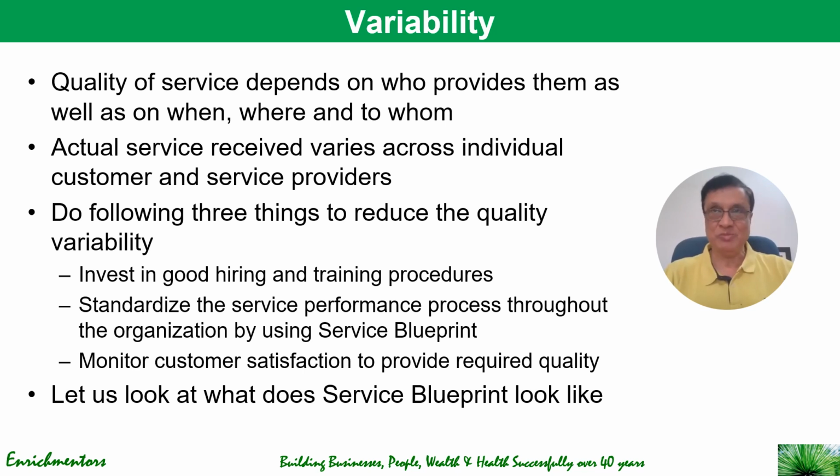So people matter more than they do in case of products. Standardize the service performance process throughout the organization using a service blueprint, and we will show you what it could look like. And monitor customer satisfaction to provide the required quality, because customer expectations can also vary along with the provision of service that you provide. So monitoring customer satisfaction is very critical.